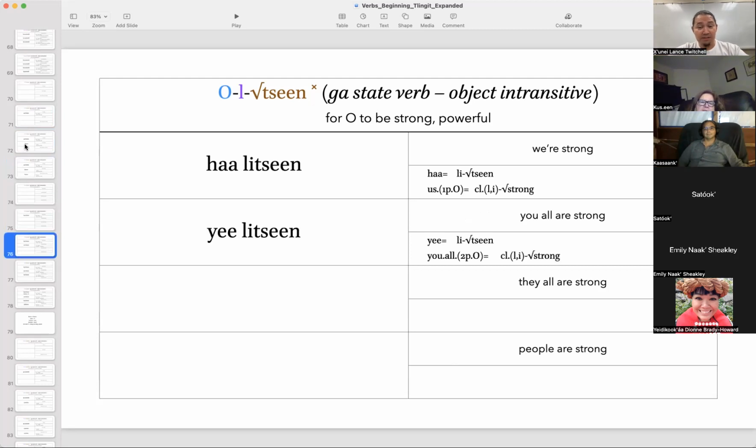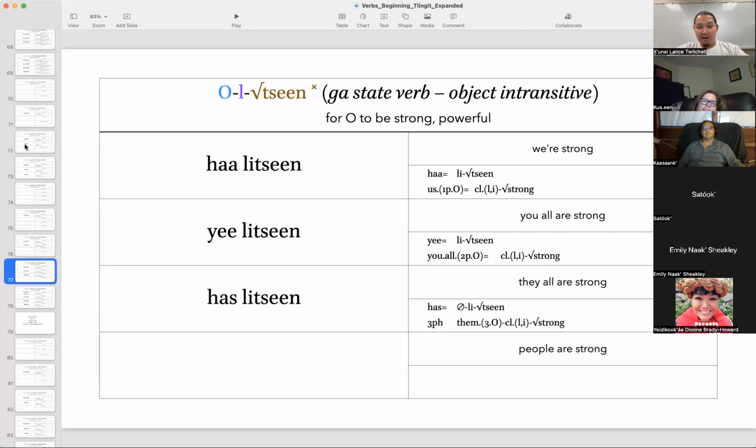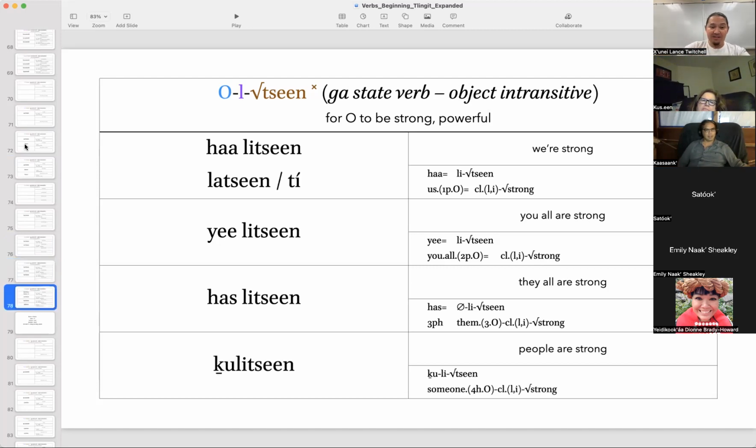Yilitzin. Yishitzin. They all are strong, plural. ʻhaslitzin. Huslitzin. People are strong. Huslitzin. Right?